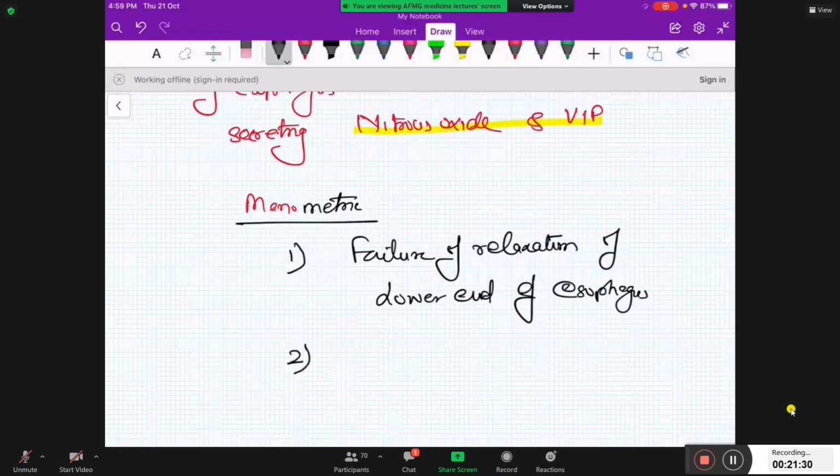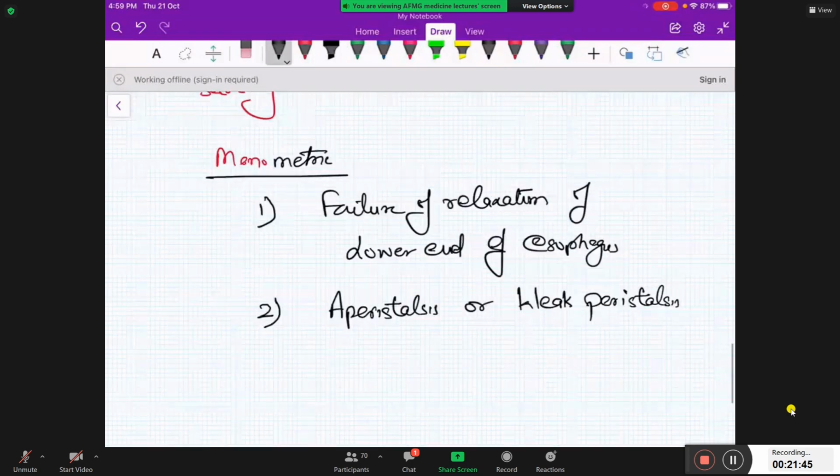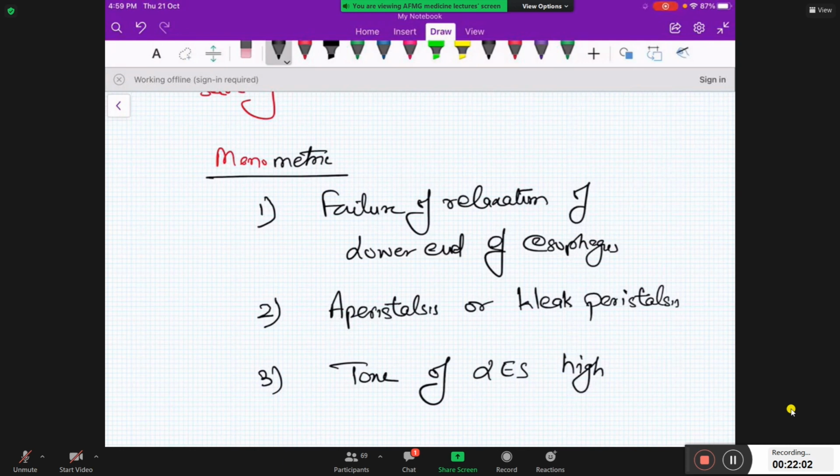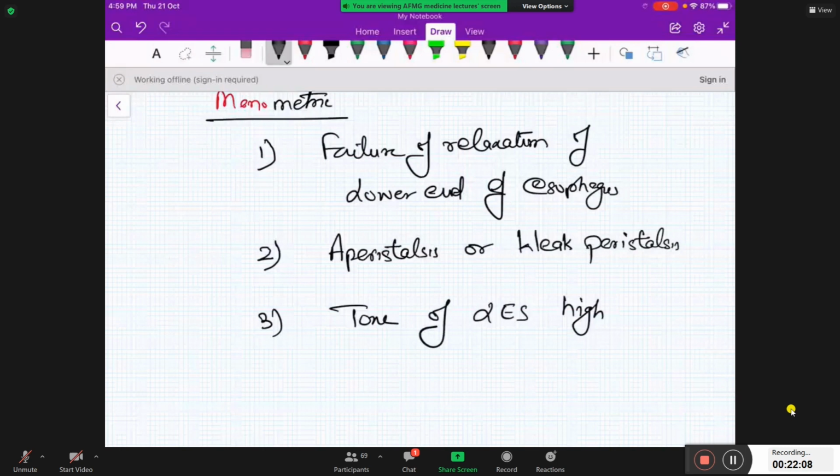Second, there is aperistalsis or a weak peristalsis. And third, the tone of the lower esophageal sphincter in this condition is high. So these manometric changes are important for our exams.